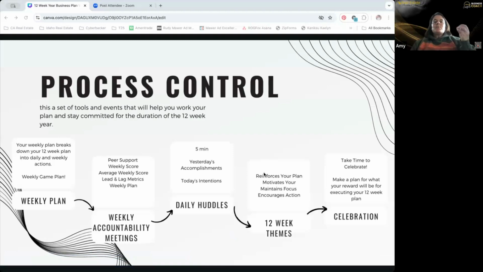Our process control tools are the weekly plan, weekly accountability meetings, daily huddles, 12-week themes, and celebration. We're going to look at those in more detail.